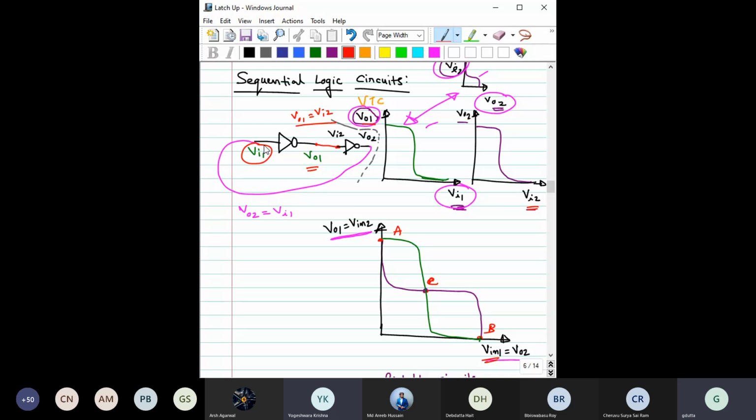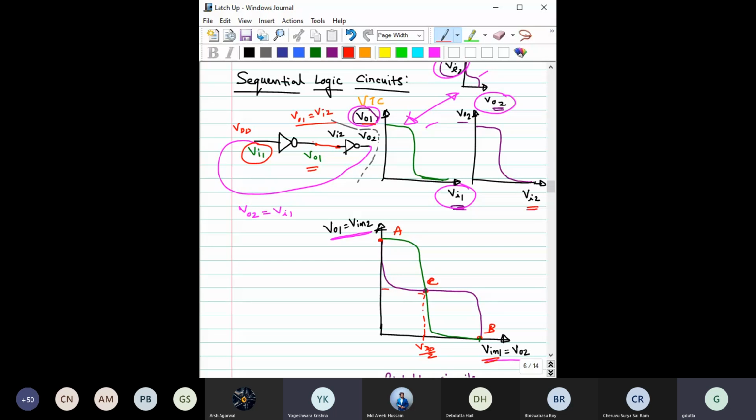If by some means you set this value VIN exactly to this value, say this is VDD by 2, a symmetric inverter, so you give VDD by 2 here, that will give the output VDD by 2.